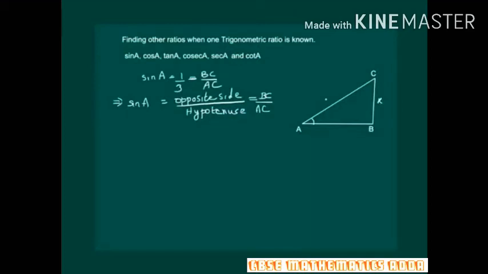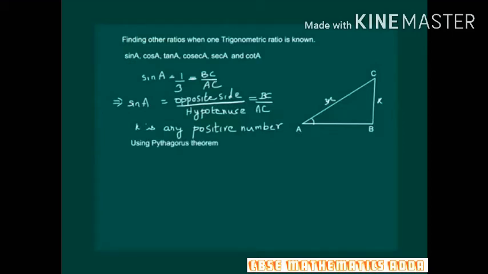So if angle A is in the triangle, let us consider k is any possible number. Here AB is the base, BC is the perpendicular, and AC is the hypotenuse.